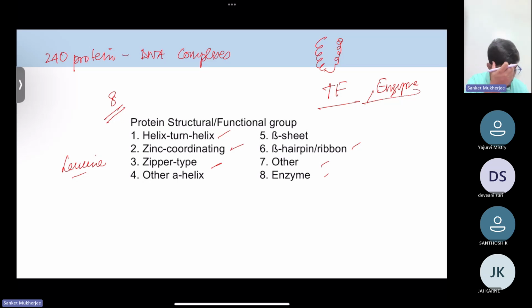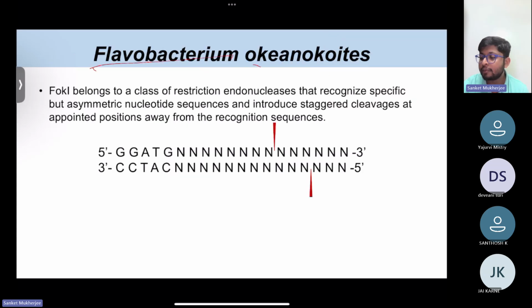So we will talk about a restriction enzyme which comes from this particular species, Flavobacterium okeanocoides, and this restriction enzyme is FokI. If you remember the different classes of restriction enzymes, there was type 1, type 2, and type 3.